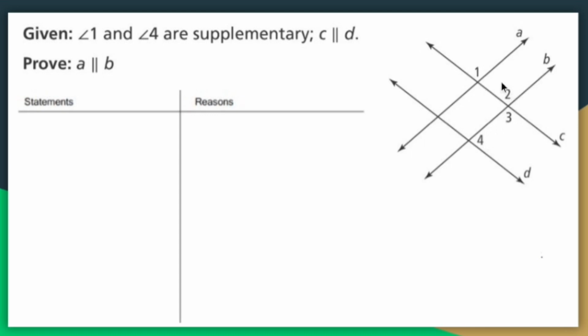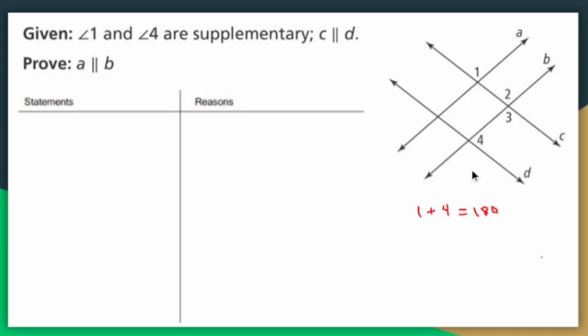And once I show that 1 and 2 are congruent, then I have corresponding angles are congruent, therefore A and B are parallel. So that's my goal: take 1 and 4, get to 2, and show that 1 and 2 are congruent. So a little rough draft over here. 1 plus 4 is 180.